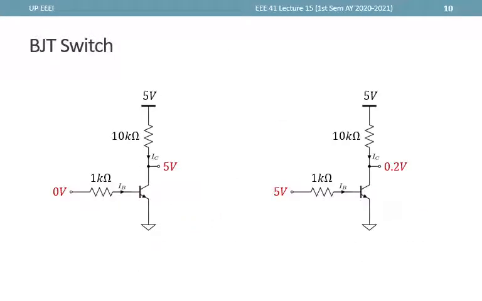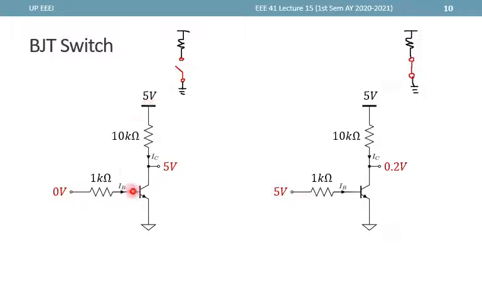This slide summarizes the results we've obtained. For 0 volts, our output is 5 volts, and for a 5 volt input, our output is 0.2 volts. Comparing it with an ideal switch, when the switch is open, there is no current through RC, and we therefore expect our output to be equal to VCC, or the supply, which is 5 volts.